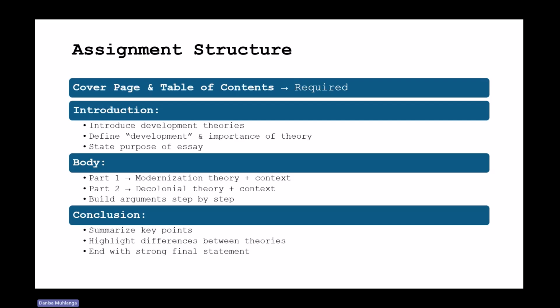Then you go to your body. Each paragraph should present and expand on one key idea. You can't have paragraphs that are more than 10 lines. That is too long for a paragraph. You need to make it easy for someone reading your assignment.